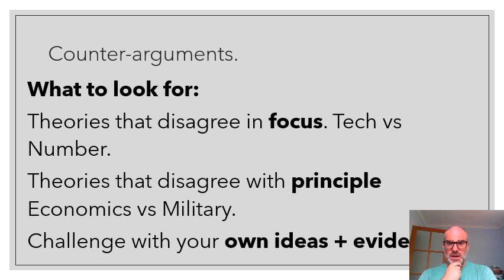So you can look for theories that disagree in terms of a slightly smaller focus. So you could have 2 historians who say Allied military superiority led to victory in World War II. One historian says it's because of the Navy, another one says it's because of the Air Force, and you can play those off against each other. So even though they're both arguing for military superiority as the reason for winning, there's debate within them.